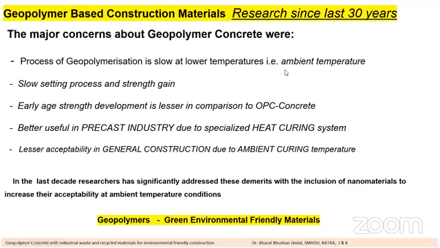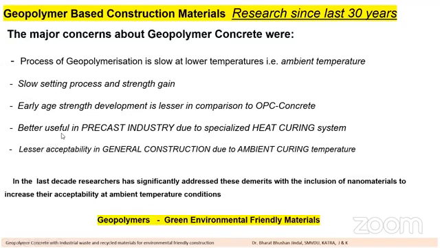That means you can't use this type of concrete, which has a slow setting process and slow strength gain. In conventional residential buildings, we are not accepting it. Earlier strength development as compared to OPC based concrete was quite lesser, so people were not getting confident in geopolymer concrete.